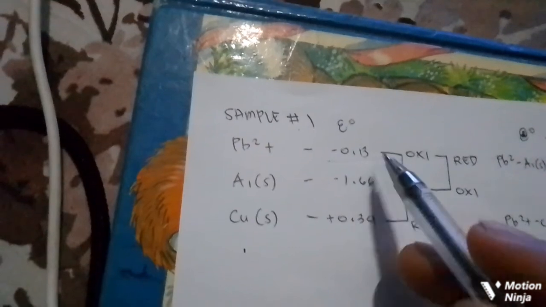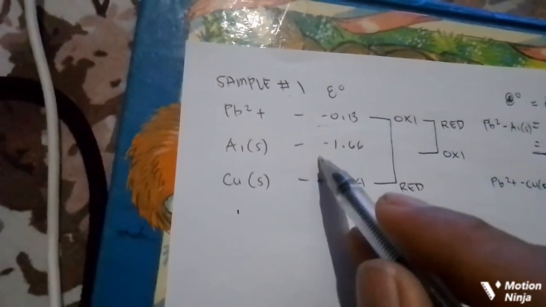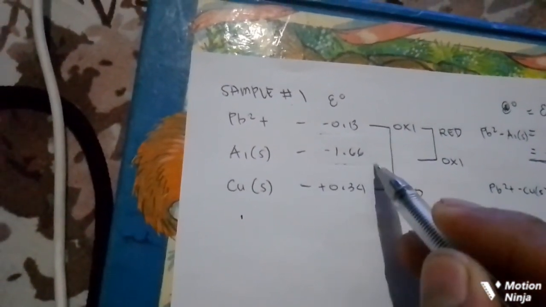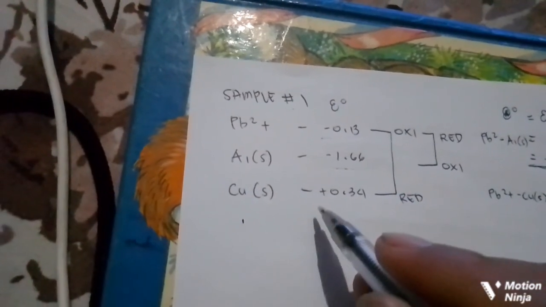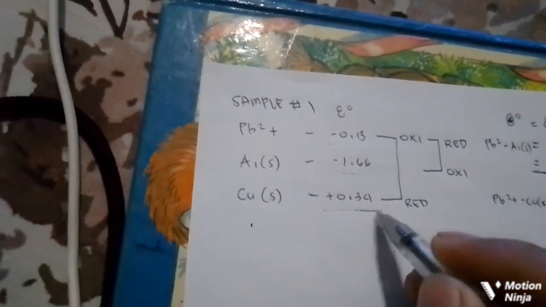The first one, I'm just going to simplify it. The cell potential of Pb2 plus is negative 0.13, Al is negative 1.66, while copper is positive 0.34.